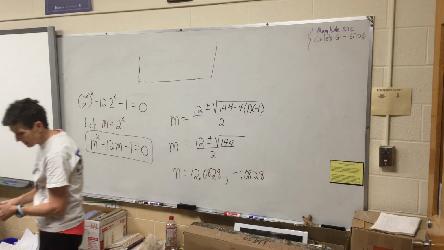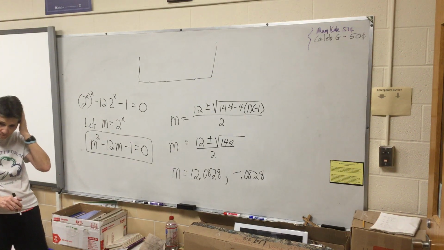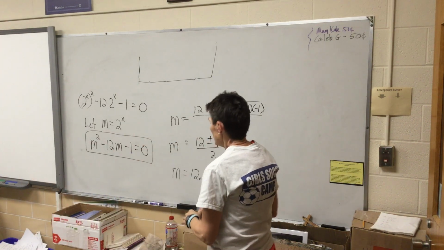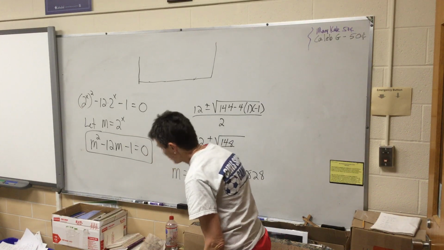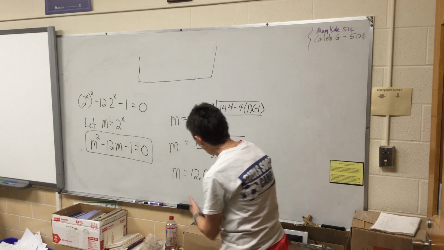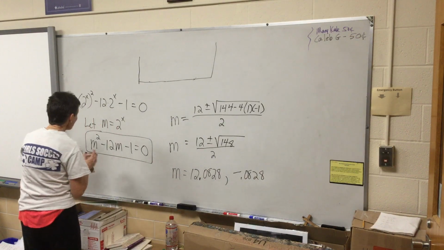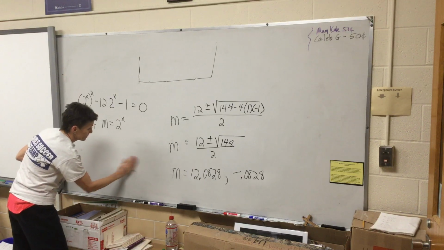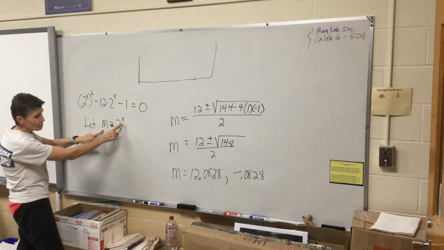So let's stop right there and make sure everybody's got that. Alrighty? Now, don't get excited. This is not the answer to the question. The question didn't have any m's in it. I stuck those in. So what does this stand for here? We said m was 2 to the x.